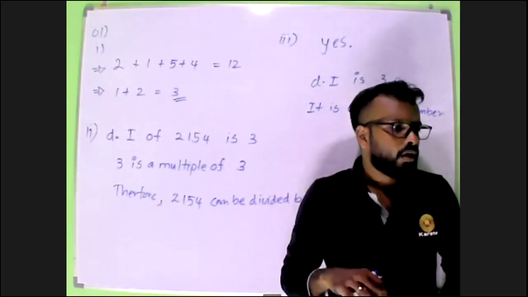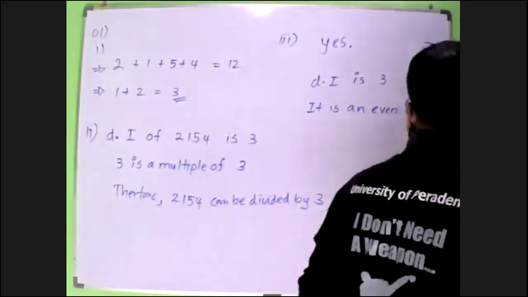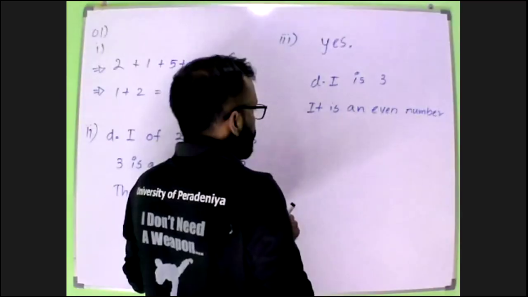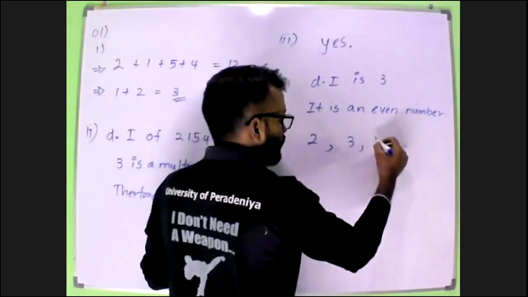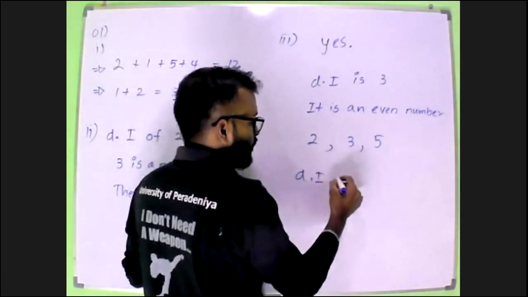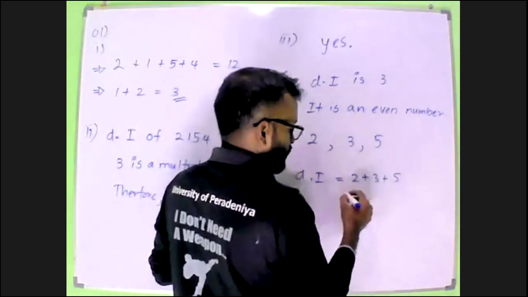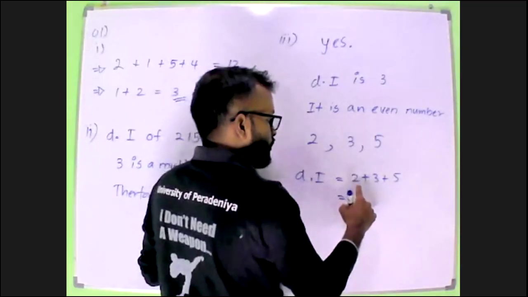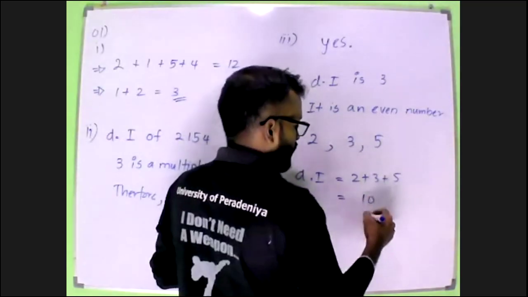So let's find the digital root first. If you are using cards 2, 3, 5, the digital root will be 2 plus 3 plus 5. So 2 plus 3 is 5, plus 5, 5 plus 5 is 10.